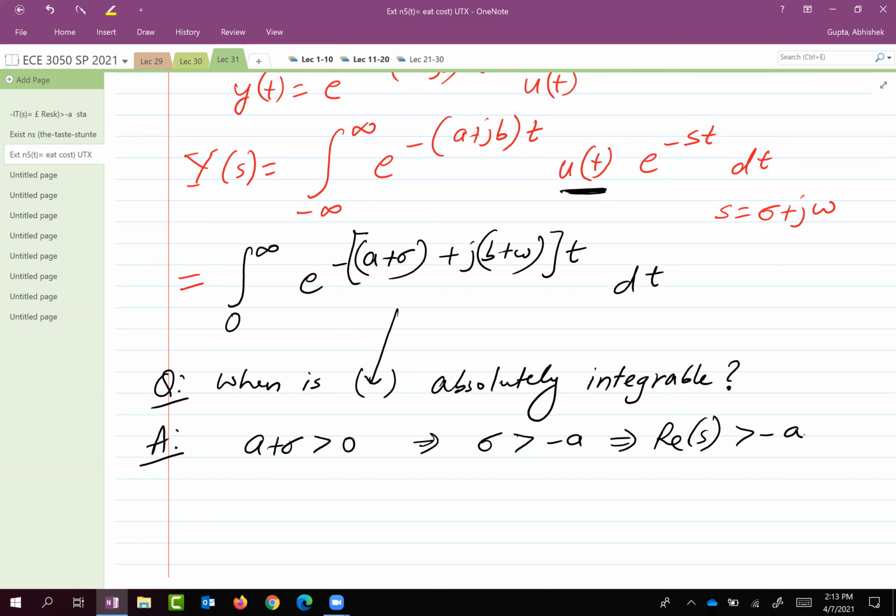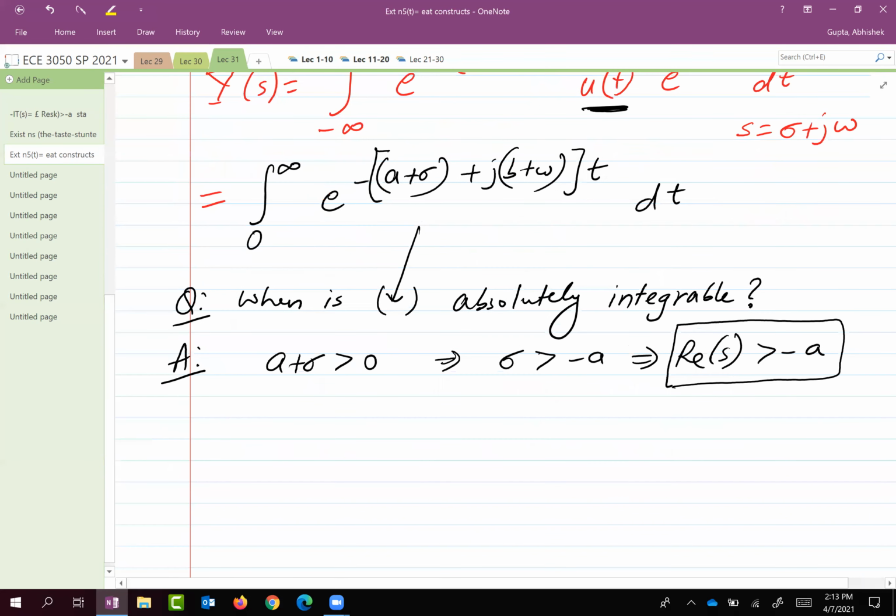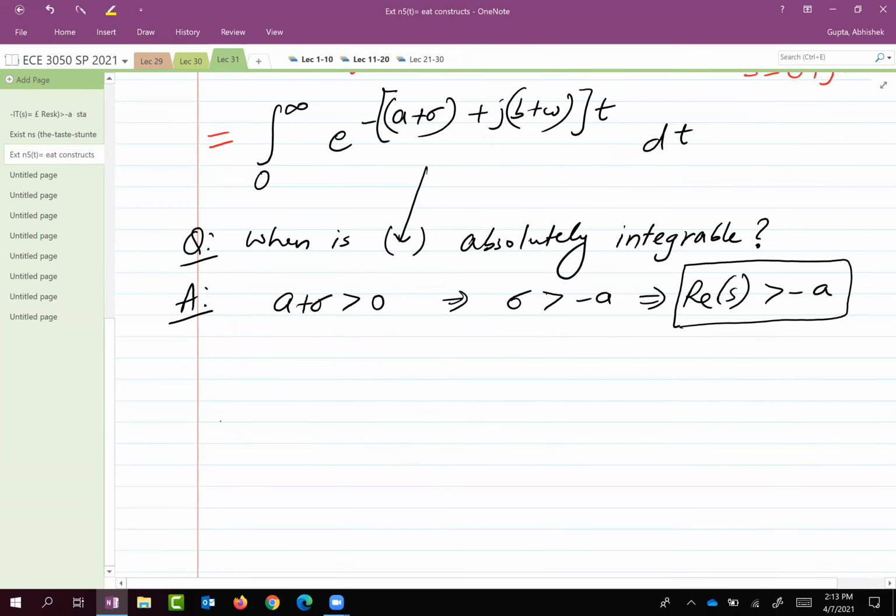Okay. Everything looks good so far. Now, once I have picked my s such that real part of s is greater than negative a, I know that this integral makes perfect sense. So I can integrate it from 0 to infinity. And once I integrate it, what do I get?